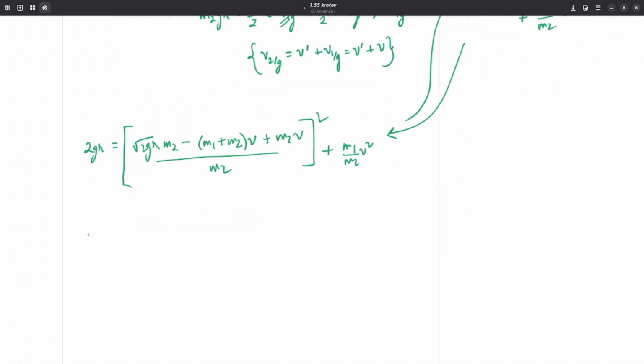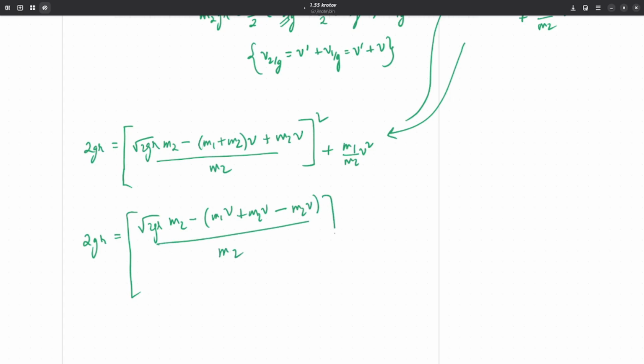Now solving further, we have 2gr is equal to (root 2gr m2 minus m1 v plus m2 v minus m2 v) whole square divided by m2 square, plus m1 by m2 v square. So m2 v and m2 v cancel out.